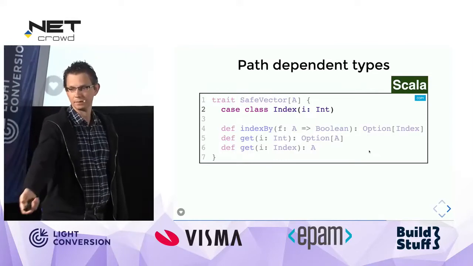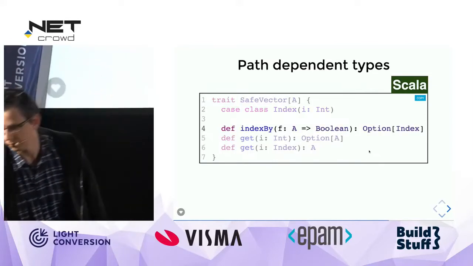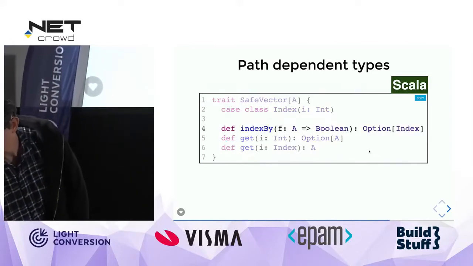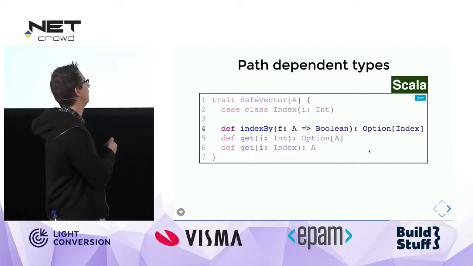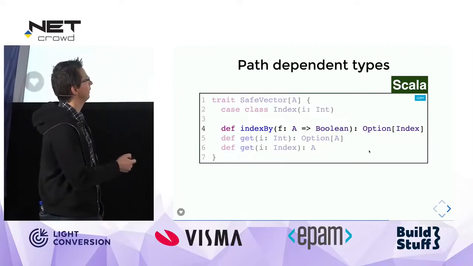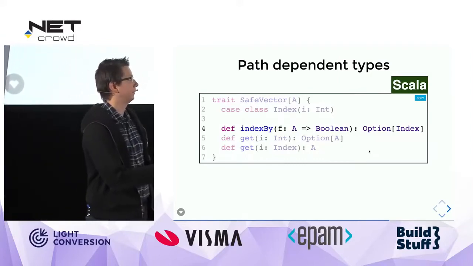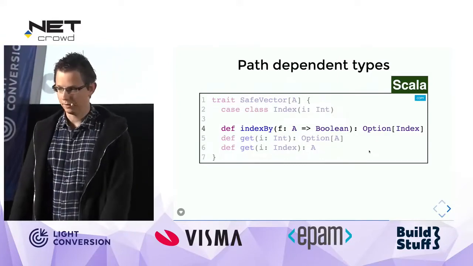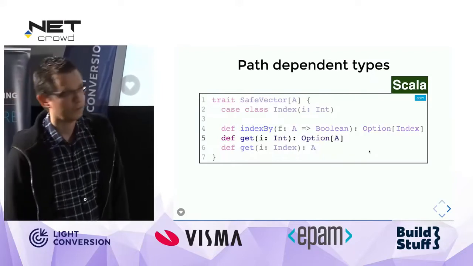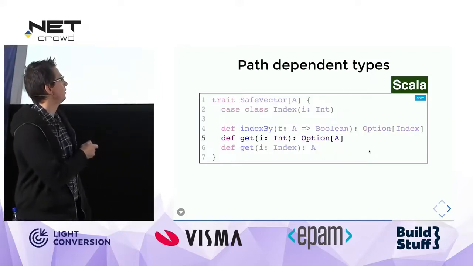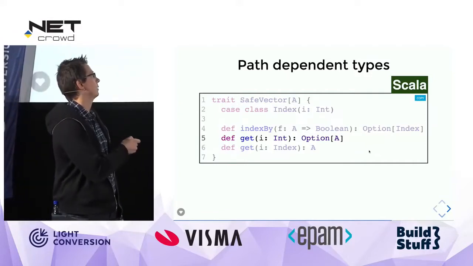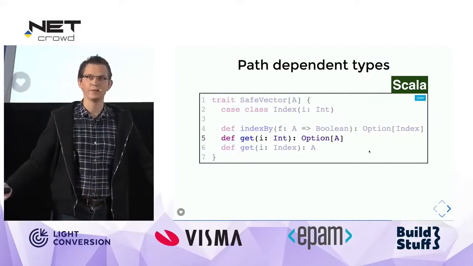And we can say that we have this operation index by, and you give it a predicate and it's gonna return an option of index. And then you have the standard get by index operation, which says, you might give me the wrong index.